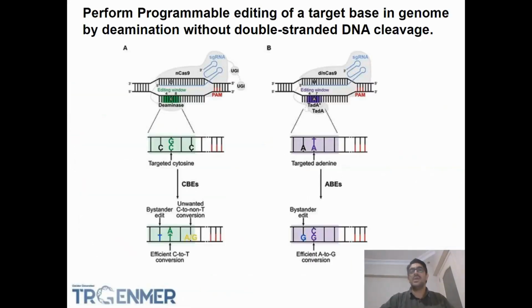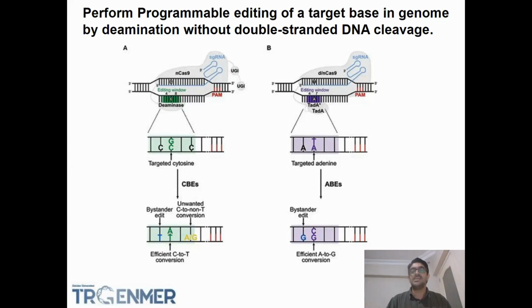When we look at the details, there are some complications. One complication is that not only the targeted nucleotide, but also the bystander nucleotides can be converted. As you can see here, for the adenosine deaminase, the targeted adenine can be converted, but the bystander adenine can also be converted into guanine.